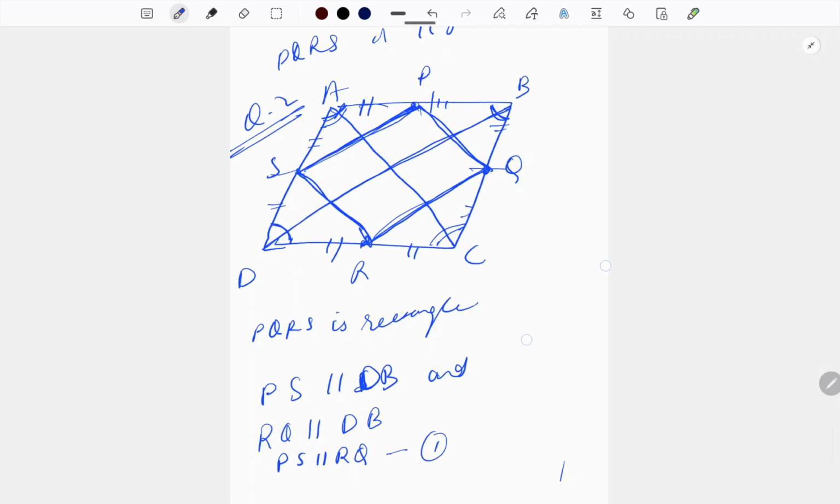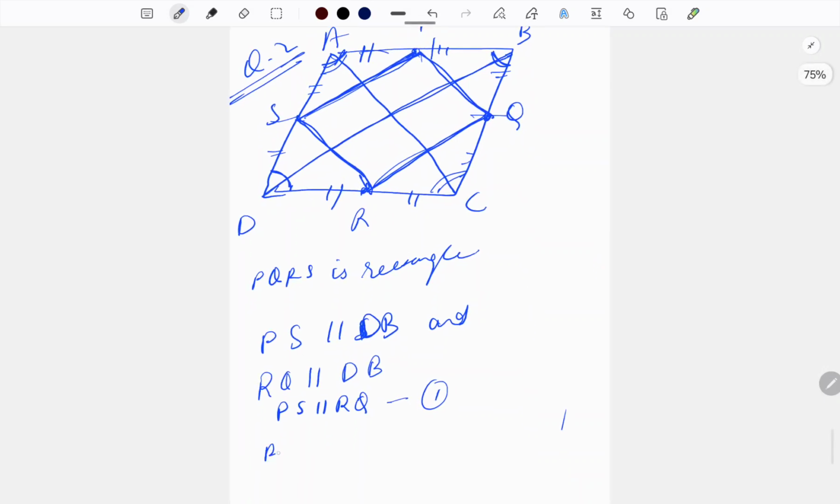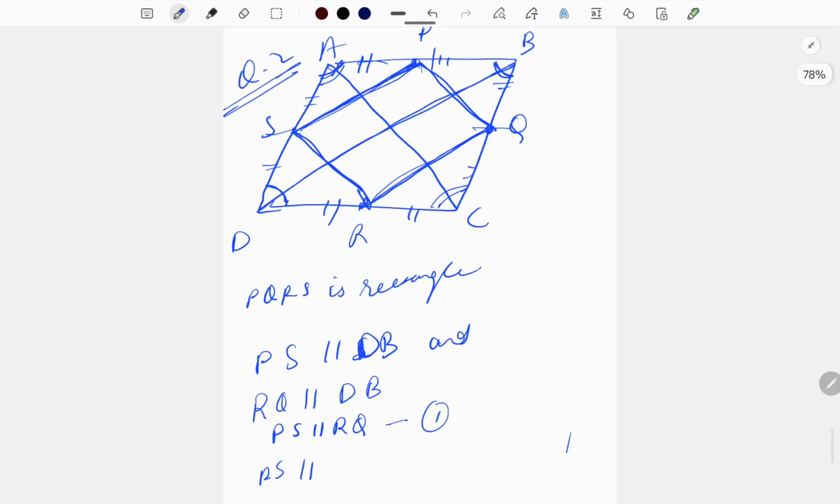This is the first equation, and again RS will become parallel to PQ. Now why are we saying this? Because this is joining the midpoints of triangle ADB, therefore it will be parallel to the third side DB. Similarly, if we take triangle DBC, RQ is joining the midpoints of BC and DC, and therefore it will be parallel to DB.